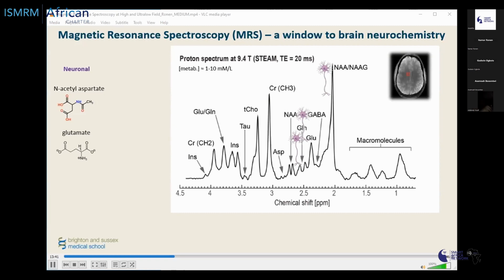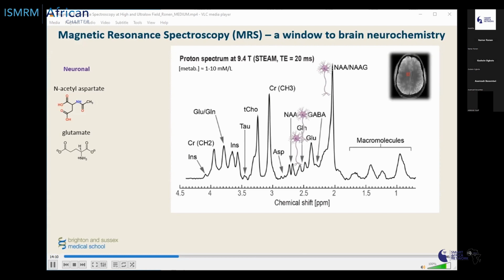It has many different roles that we will not tell about too much now, but one thing that is important is that the amount of N-acetylaspartate is modulated in disease. It is also modulated by age, but definitely in disease. So you will see later on diseases in which the amount of N-acetylaspartate decreases because there is something that affects the viability or the number of neurons that we are looking at.